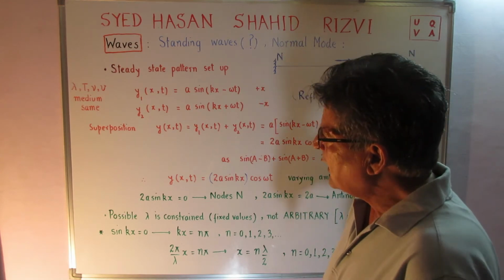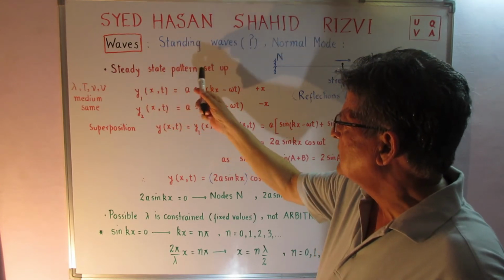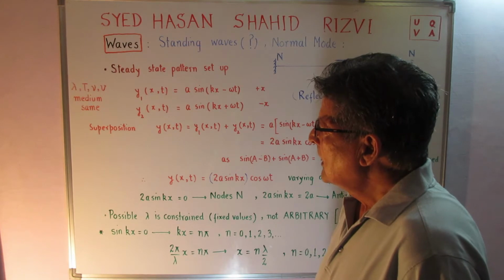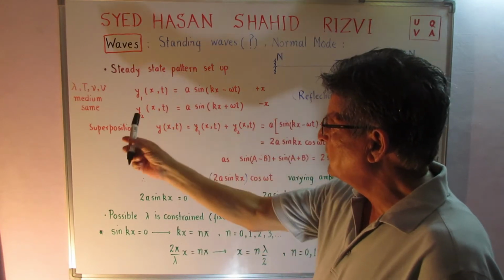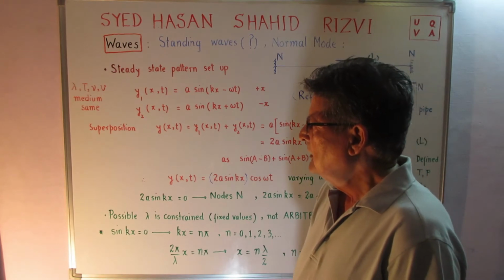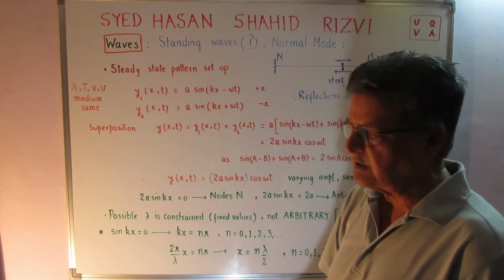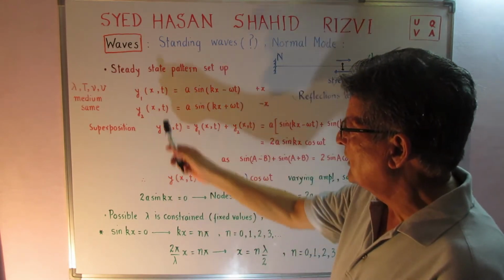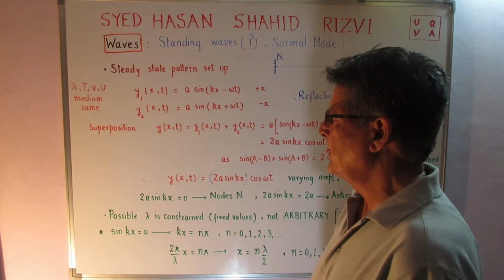But after some time, a steady state pattern is set up. Now the waves start, they are moving left to right and right to left. From left to right, in the positive x direction, is y1, and in the negative x direction is y2(x, t), and then they superpose.